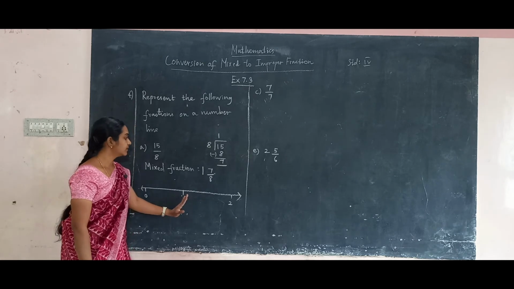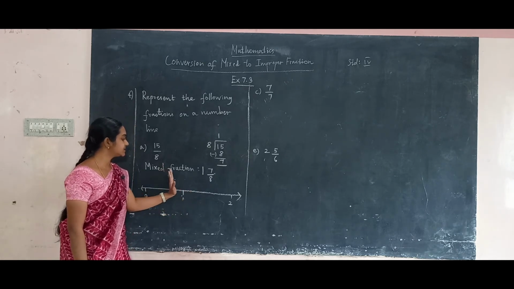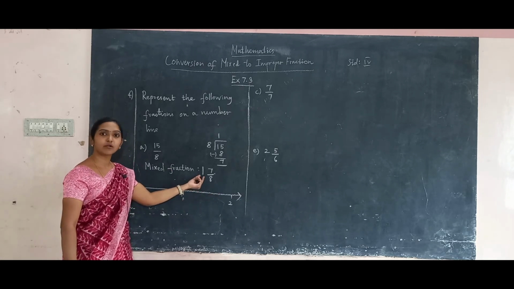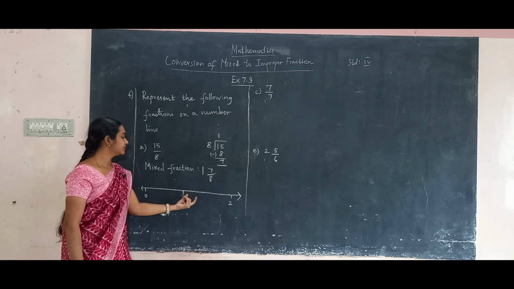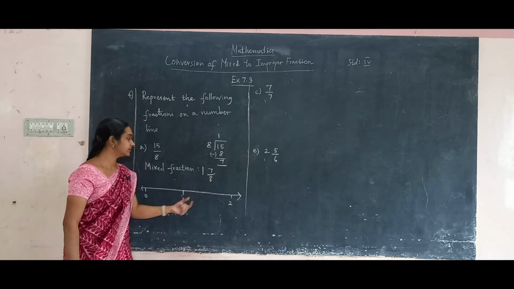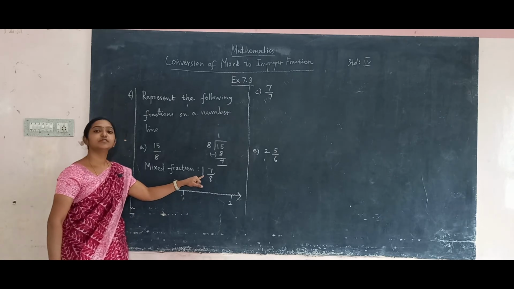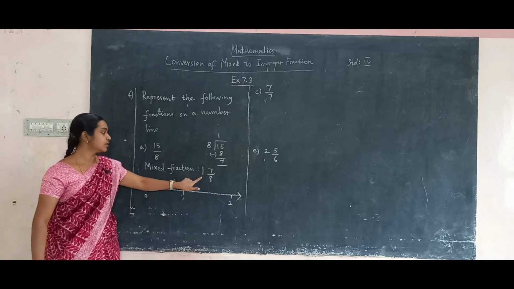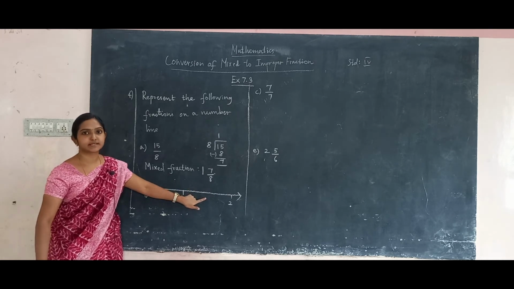So we have to represent the mixed fraction after 1 because 1 is the whole number here. If the number here is 2, we should represent the number after 2. Here we are having 1. So after 1 we have to represent.